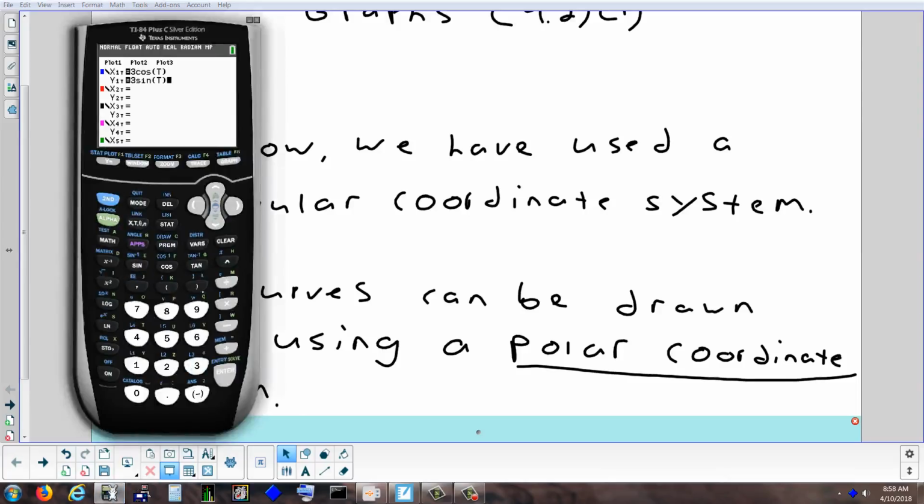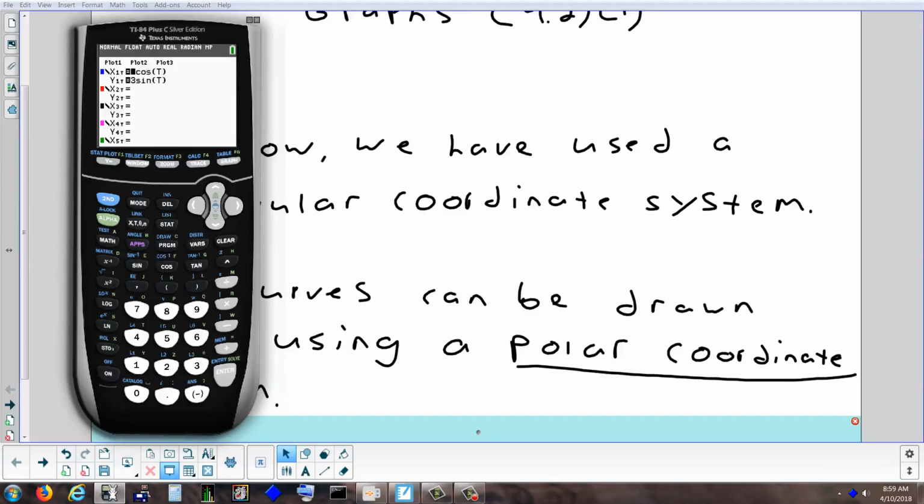And that's it. If we do zoom square, we get a nice looking circle where the sides actually meet. I don't have to draw it as a top half and a bottom half separate, and it looks good. So that was in parametric. Just look at what I had to type in to do it in parametric, better than a function. But in polar, I can do it even easier.